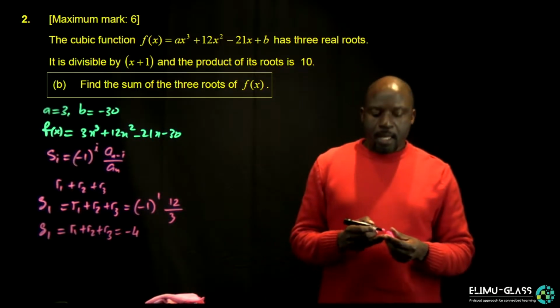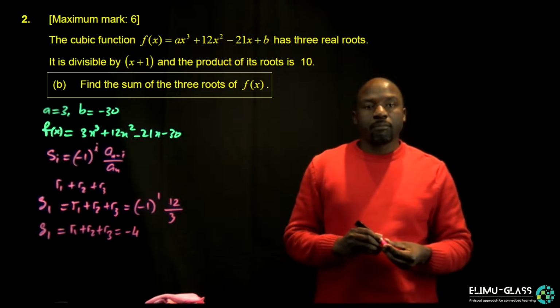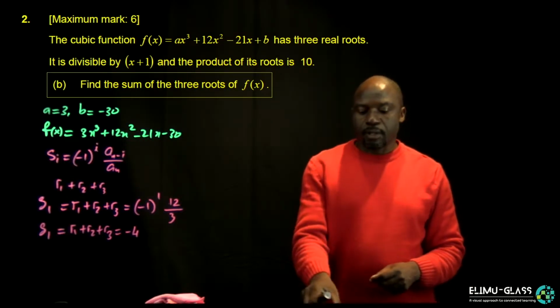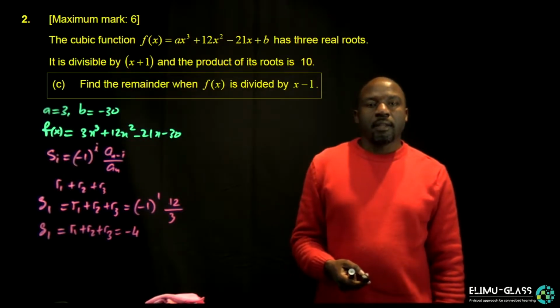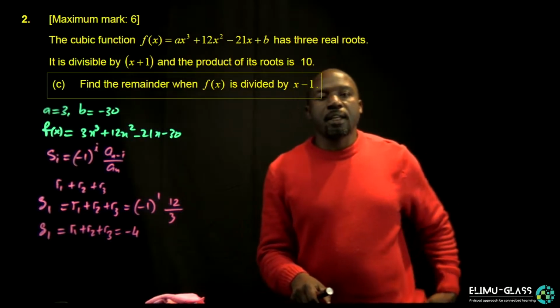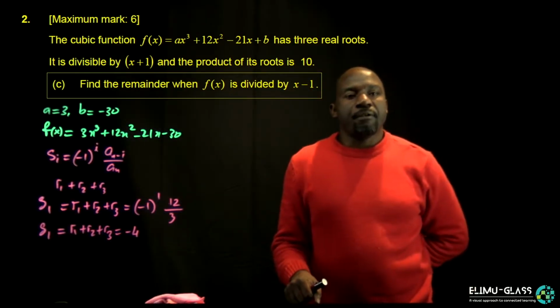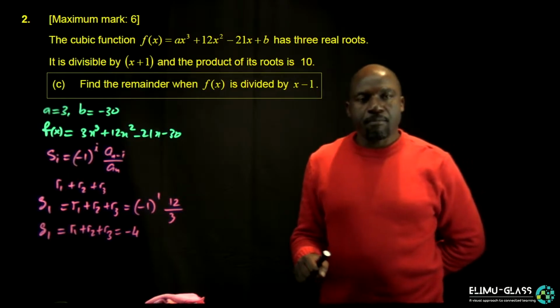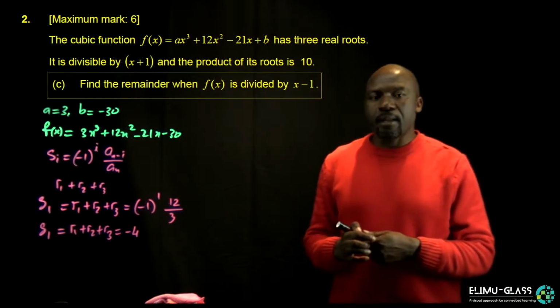Okay, let's see if we can push this into the third part of the question. The third part, which is C, says to find the remainder when f of x is divided by x minus 1. Now we need the remainder theorem.